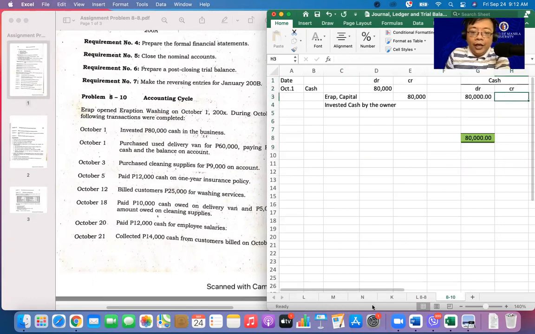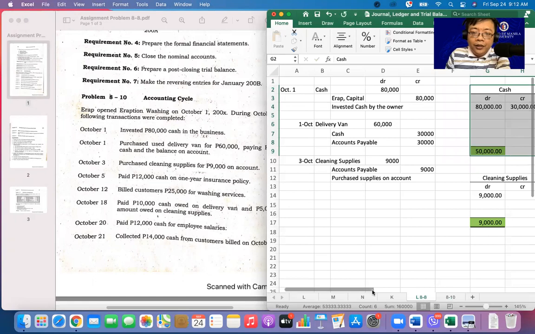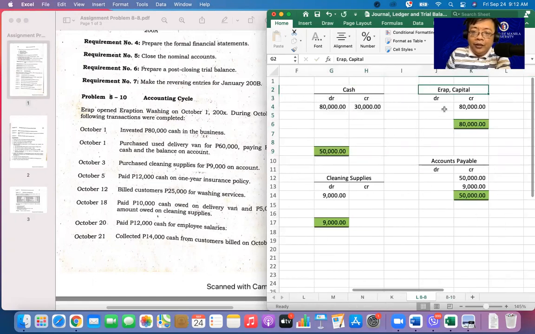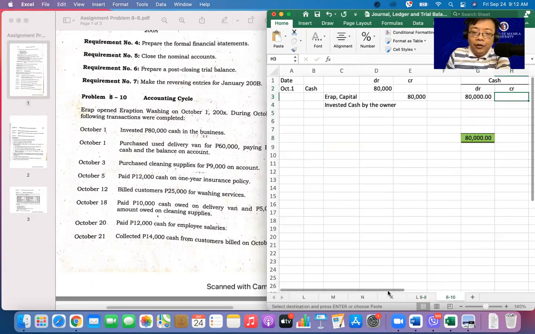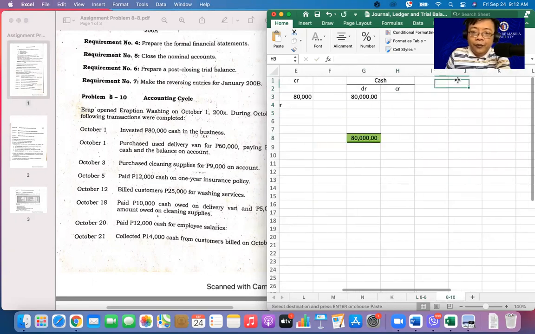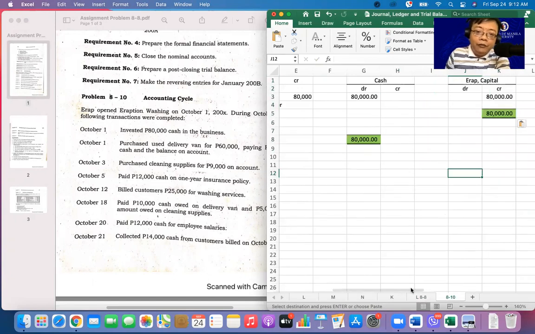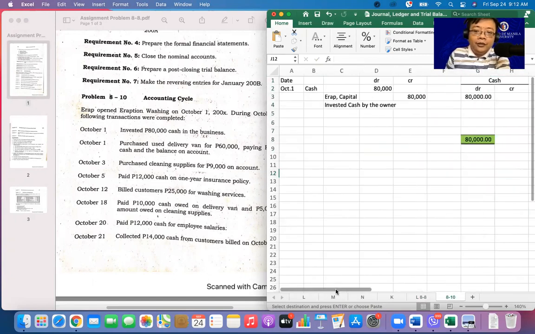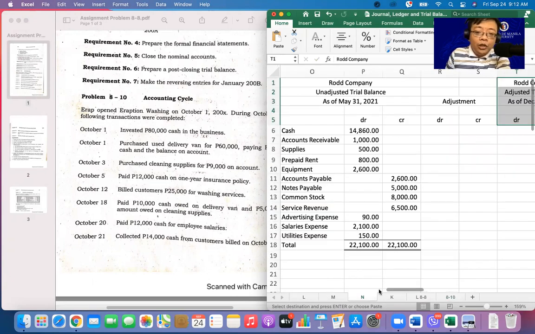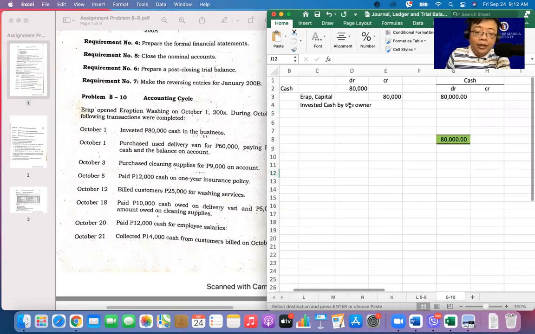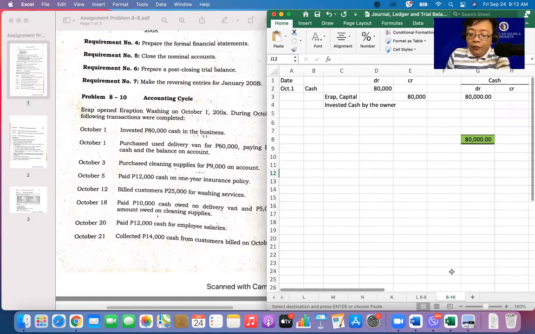And also we have here ERAP capital, 80,000. No problem in terms of your journal entries, right? You have journal entries followed by your ledger posting. Later is all about how to prepare the trial balance.